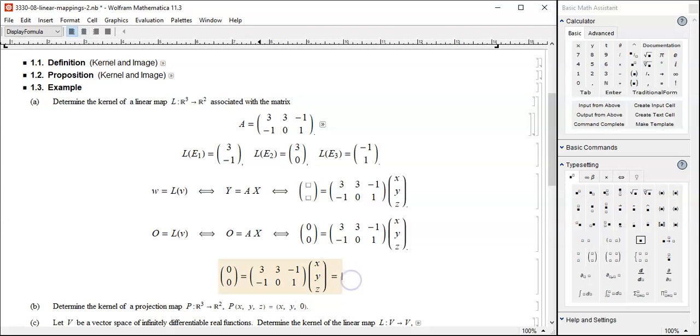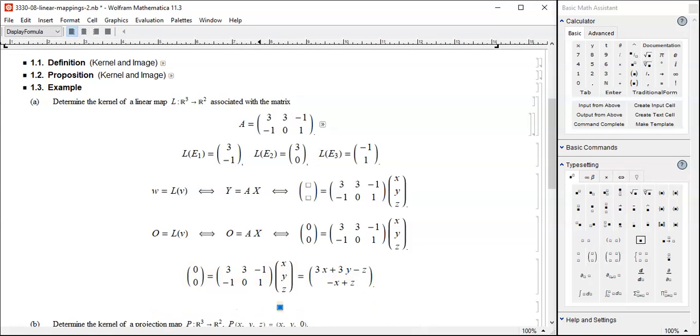In the end, we have to have a 2 by 1 matrix. So this row times the column, we get 3x plus 3y minus z. And then this row times the column, negative x plus 0y plus z. That's it, isn't it?